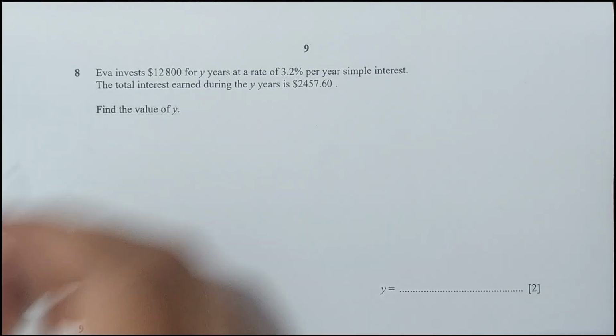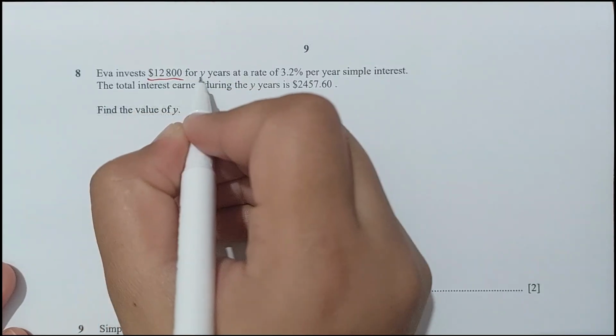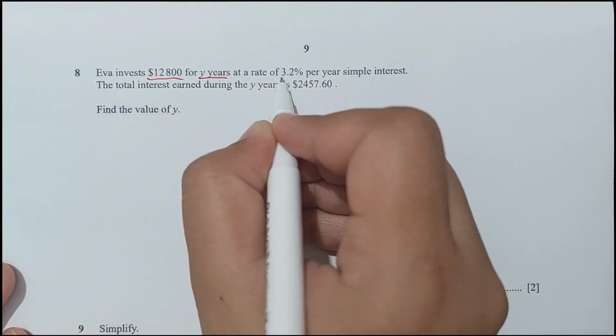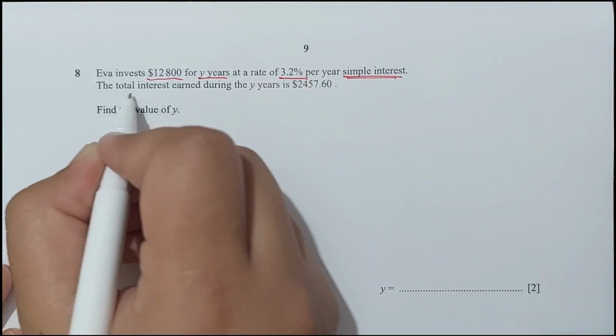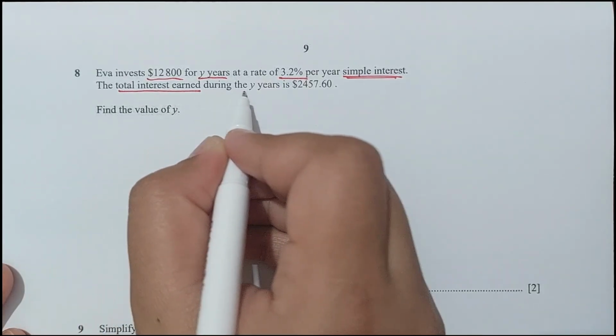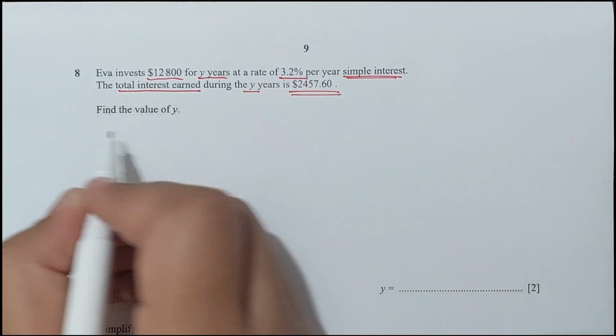Question number 8. Eva invests $12,800 for Y years at a rate of 3.2% per year simple interest. The total interest earned during the Y years is $2457.60.